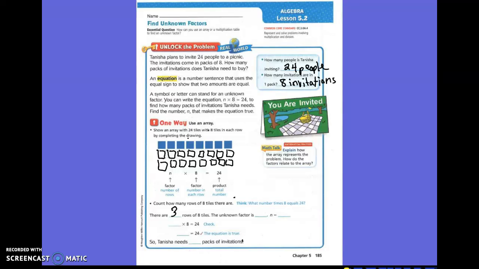Write that down. So the unknown factor is 3. So n equals 3. Blank times 8 equals 24. What times 8 equals 24? 3.